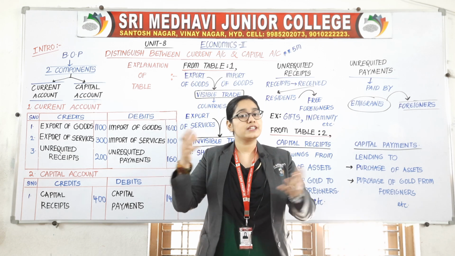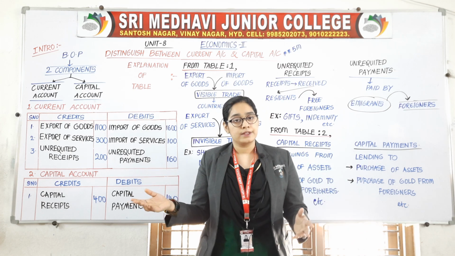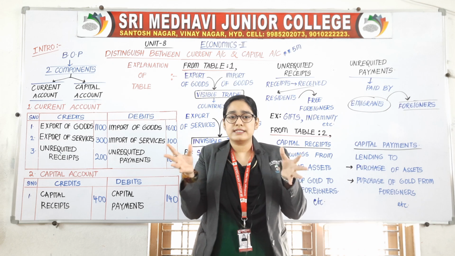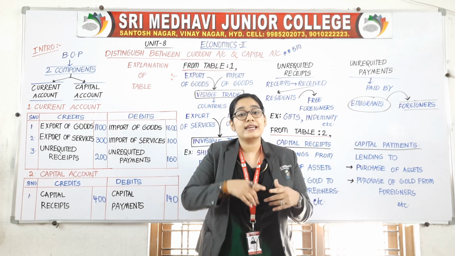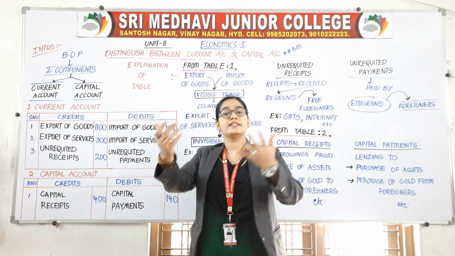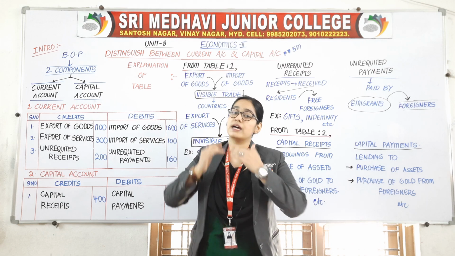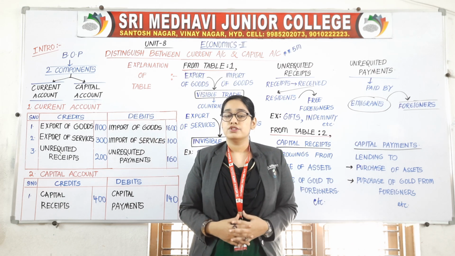It may be India and China, it may be USA and Dubai, etc. So between any two countries, whenever a trade is going on, that means there are certain transactions, like how many goods have you exported, how many goods are imported, etc.